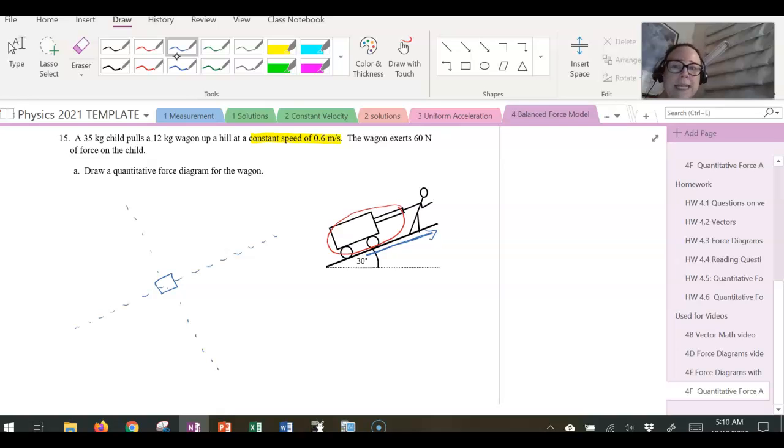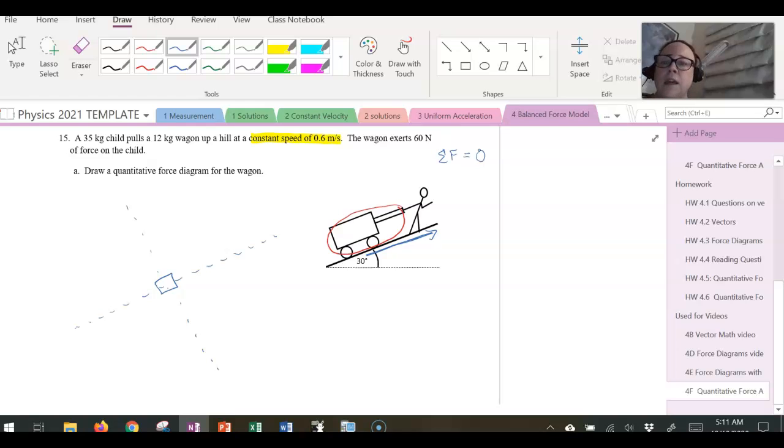But just by saying it's a constant speed in a constant direction up the hill, I know that in this situation the net force is going to be 0 because the velocity of the wagon is not changing. Constant speed and a constant direction means velocity is not changing.